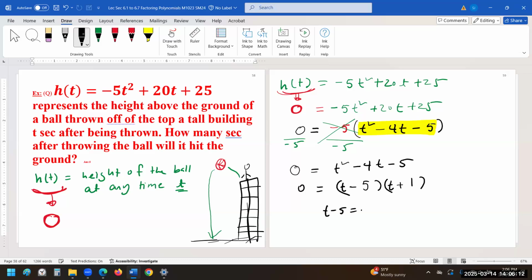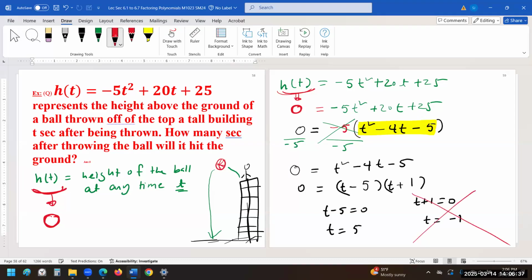So we have t minus 5 equals 0, t plus 1 equals 0. So how much is the t? Do you accept both? Exactly. Did you ever have in your life a negative second?